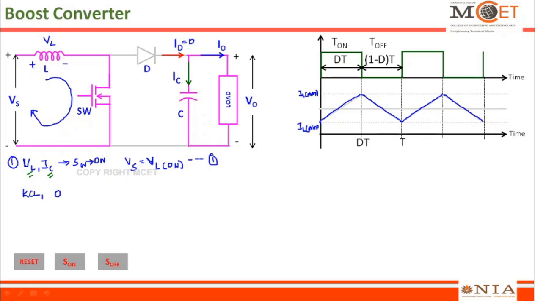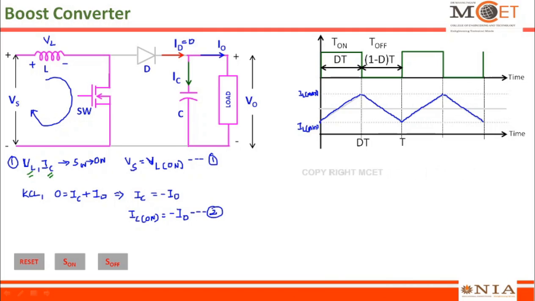From this I can write IC is equal to minus I0. I am calculating IC when the switch is in on condition, so let me rewrite this expression as IC on is equal to minus I0. This is expression number 2 which we are interested in.